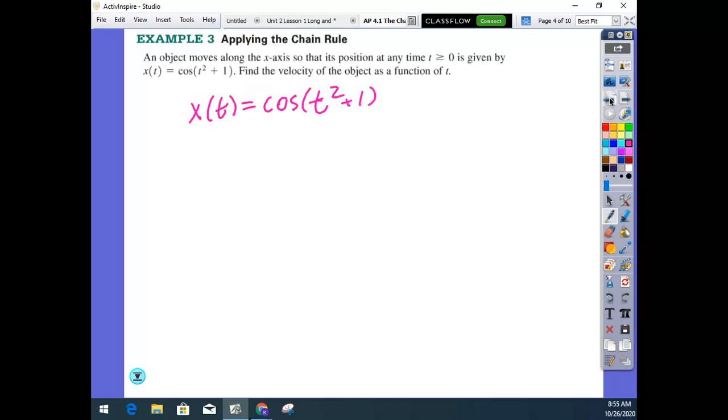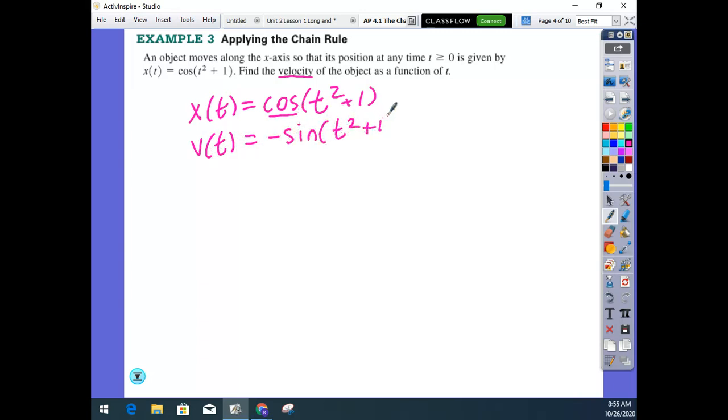So that's why, like back here, what I would do to get the velocity, the derivative of cosine is negative sine, and this portion stays the same, times the derivative of the inside, which is 2t.